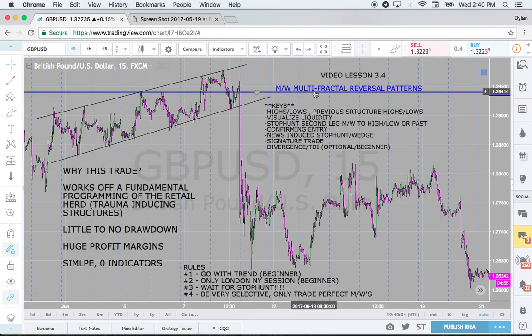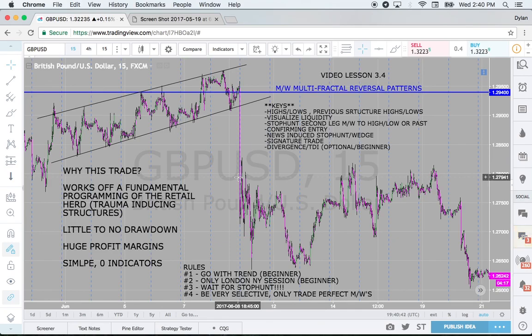It is a multifractal pattern, meaning that this pattern, this formation occurs on all time frames and on all pairs. So you can go on the 4-hour chart or the daily chart and see these same patterns occurring and trade them, and they will have the same characteristics, but only on a larger time frame, a larger span of time.